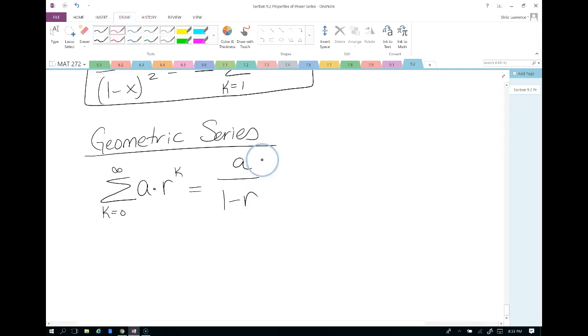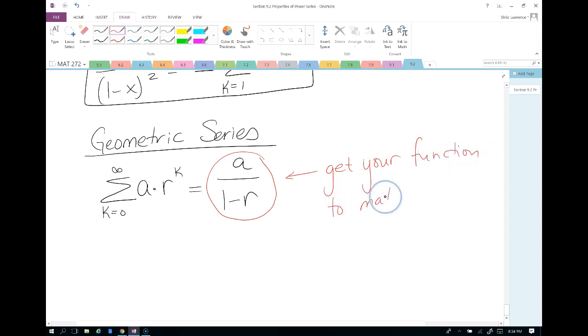If you're ever dealing with a function that even in any way resembles this, what we can do is just some clever little algebra to make it match, and then identify the a and the r and create the series that way. So we're going to get our function to match if possible.